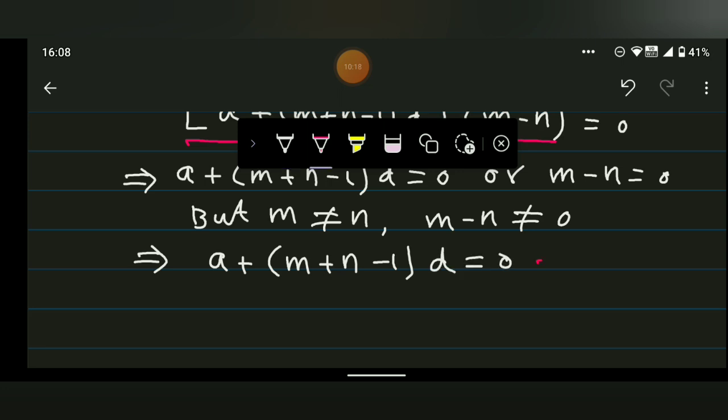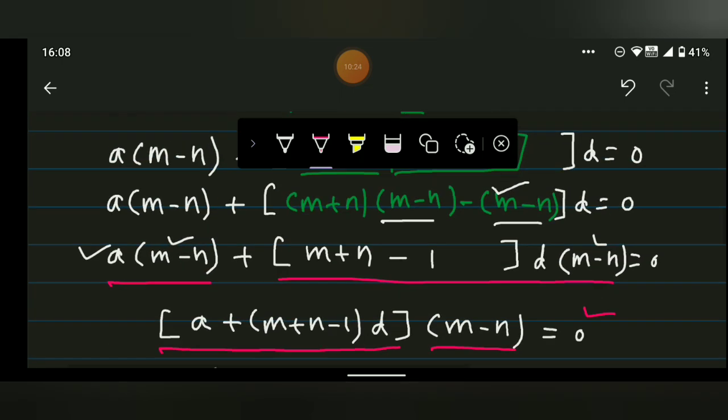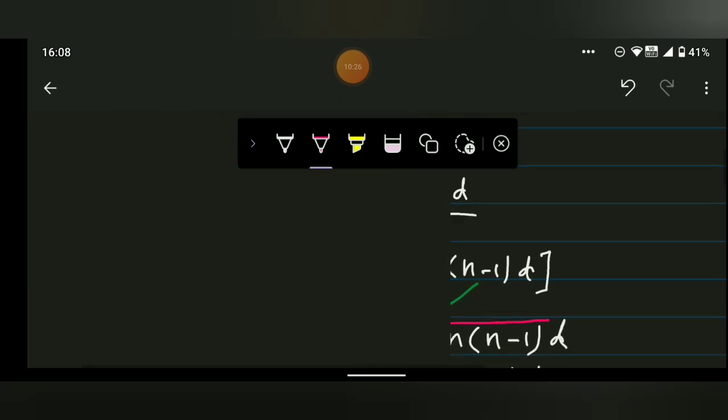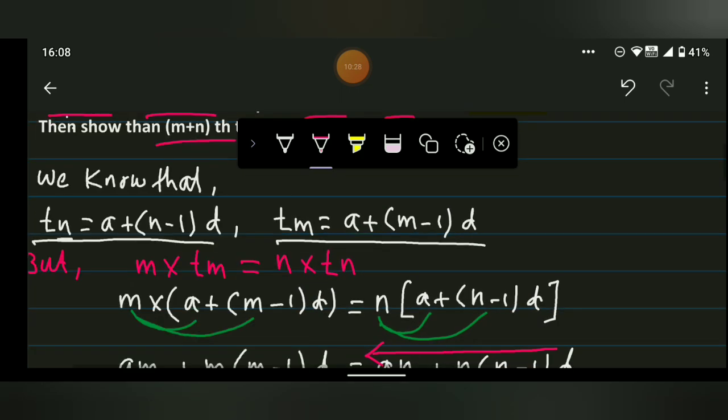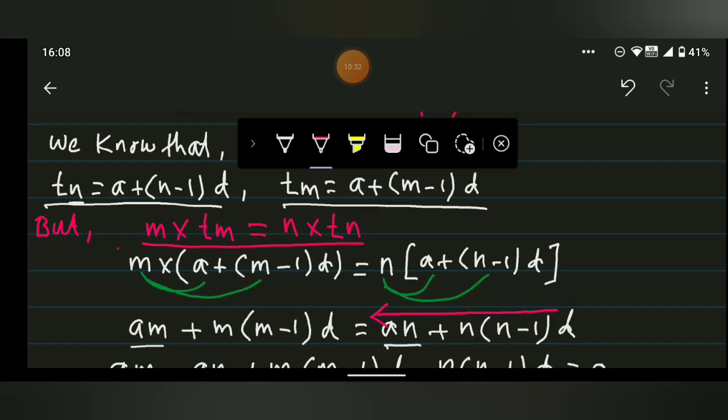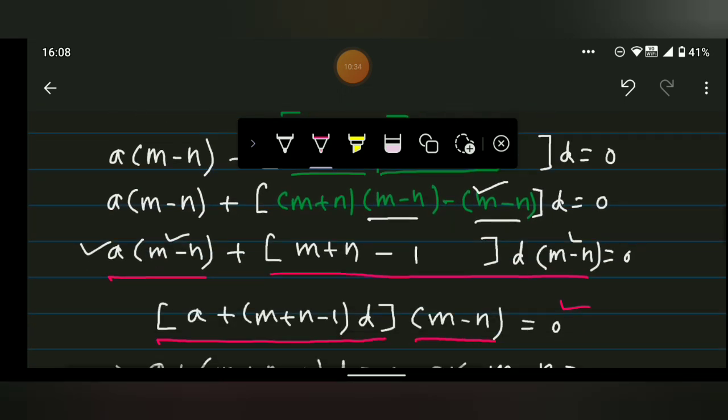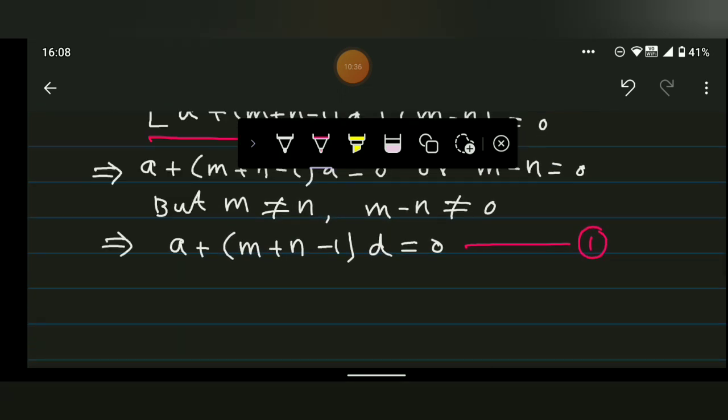We call this equation number 1. This comes from the given information that m times the mth term is equal to n times the nth term. We are at equation number 1.